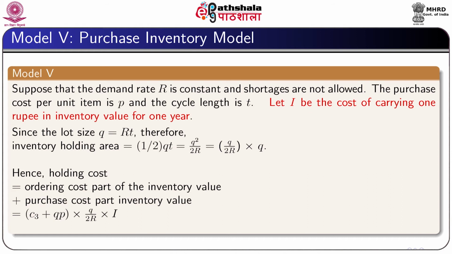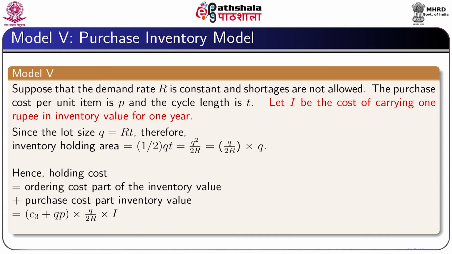If we think of inventory holding cost in terms of inventory value, then Q square by 2R can be expressed as Q by 2R into Q. This means that Q quantity should be purchased Q by 2R times.